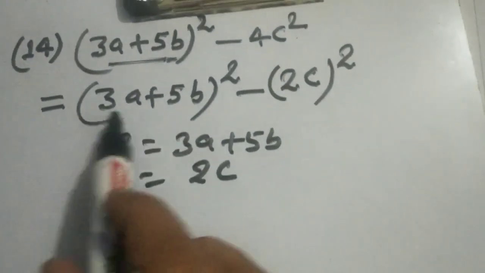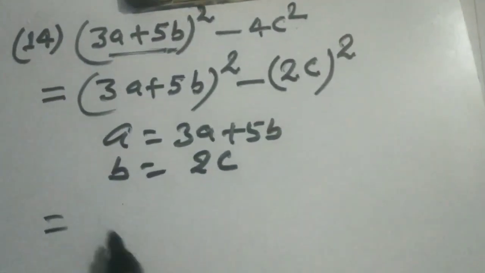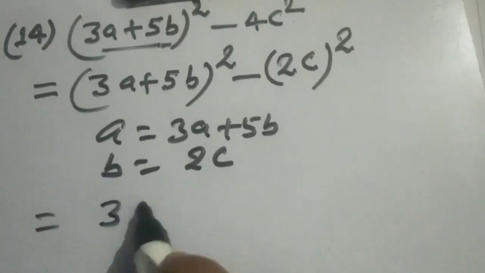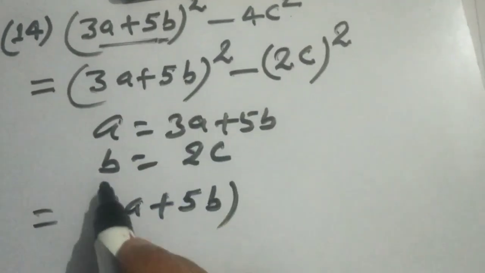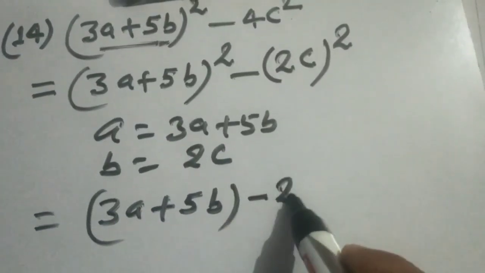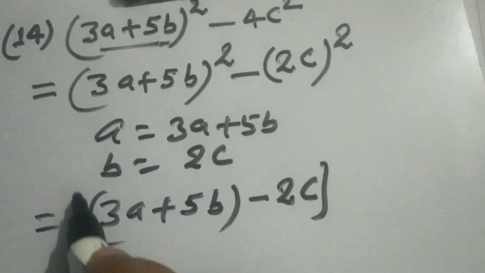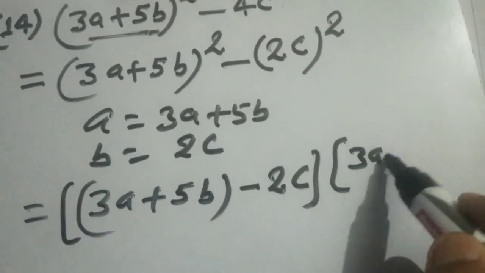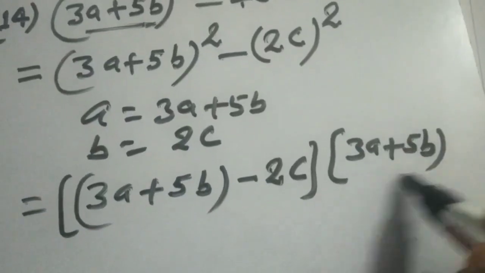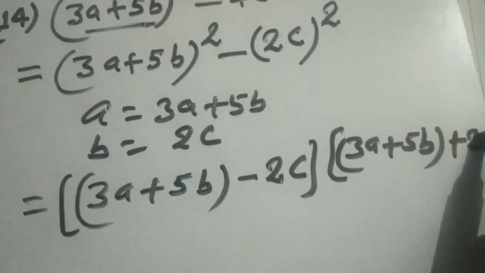So this is in the form of a square minus b square. So it can be written as a minus b: in the place of a you have to write 3a plus 5b, and minus b, that is in the place of b you have to write 2c, and then a plus b: in the place of a you have to write 3a plus 5b and plus 2c.